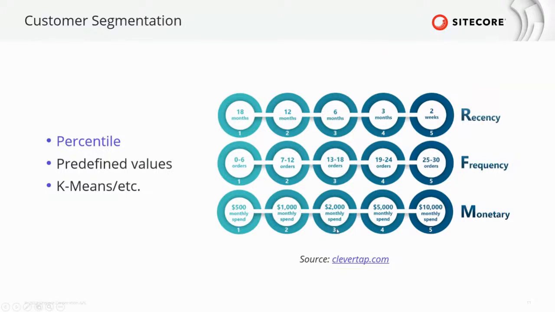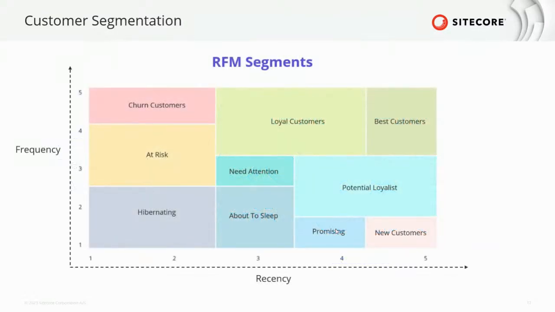But bucket numbers alone are not so meaningful, so they are combined into clusters of user behavioral groups. RFM analysis is usually visualized in a flatter two-dimensional image like this one, making it much easier to understand.